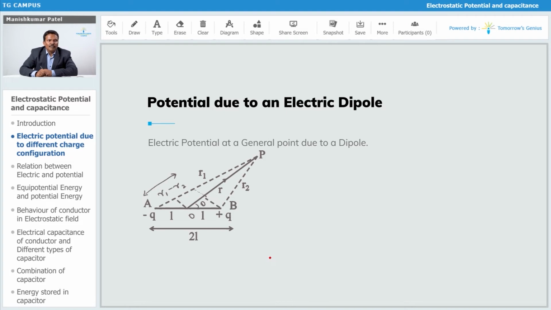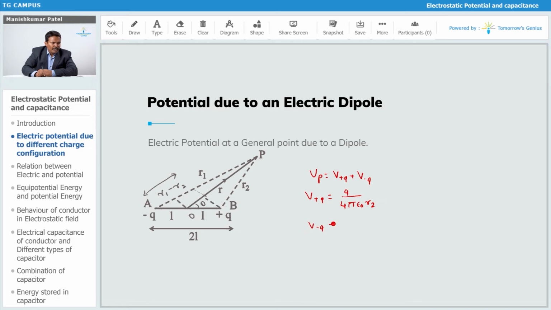Again the total potential at P is the addition of the potential due to the plus Q and the potential due to the minus Q. The potential due to the plus Q is Q upon 4 pi epsilon naught R2.